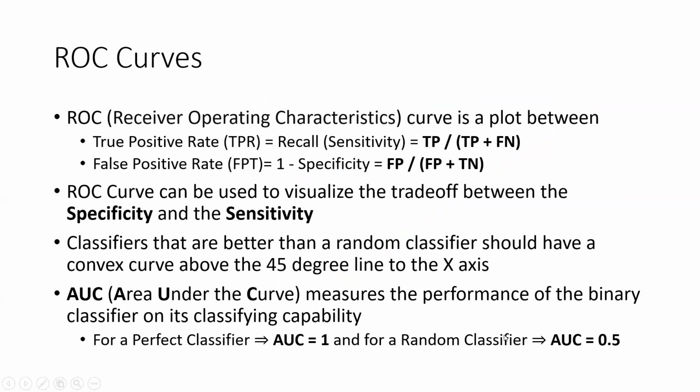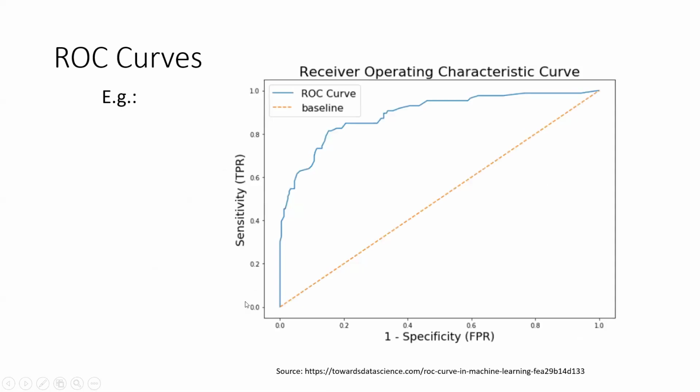So AUC is the measure known as the area under the curve, and that is a measure of performance of this binary classifier, right? For a perfect classifier, that means a 100% accurate classifier, the area under the curve would be 1, because 1 times 1 would be 1. So the area would be 1.